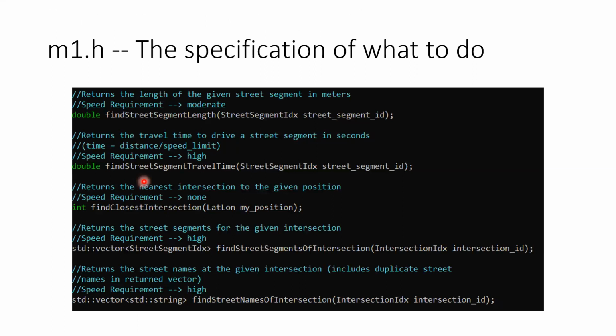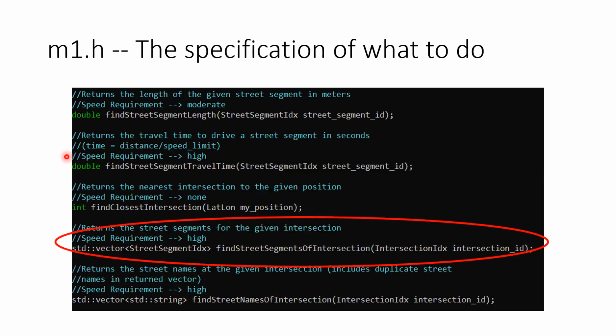So what functions do we need? Go to m1.h, and this file contains all of the function headers that you will need to implement, along with their descriptions, speed requirements and comments. In this tutorial, we will be writing this one together, find street segments of intersection.